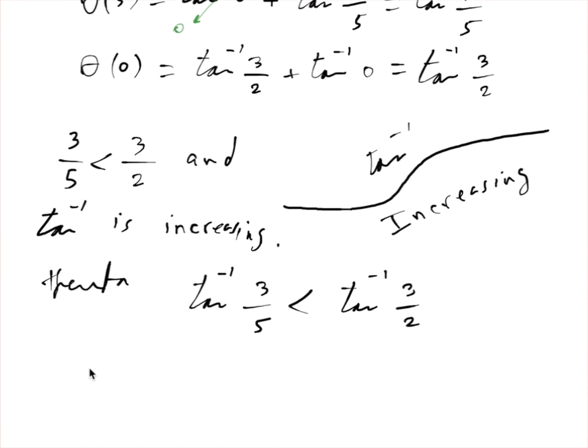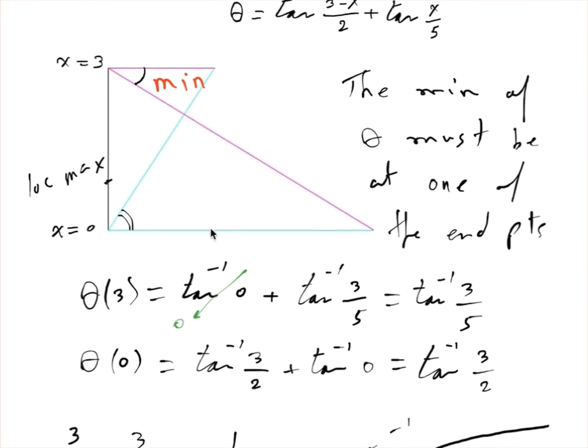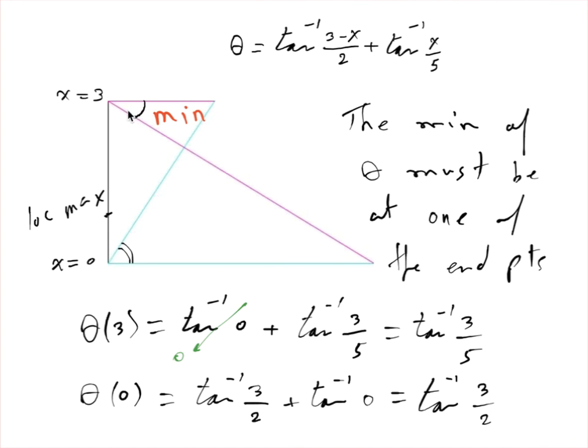So the minimum is at x equal to 3. So the picture is really not fooling anybody. That is really the minimum, and the maximum was here near the bottom.